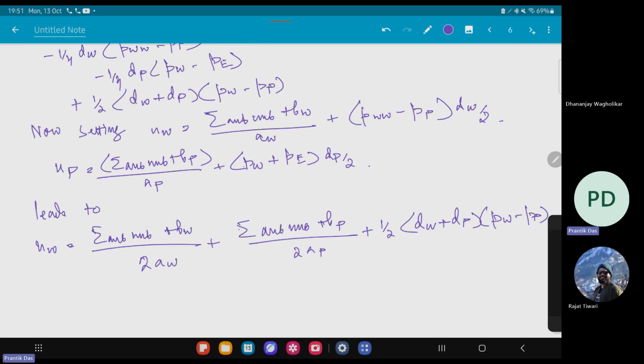So therefore, this implementation actually makes it sensitive to that of the checkerboard arrangement. So similarly, PW and PP will be like 10 minus 100. So this is not becoming equal to 0.